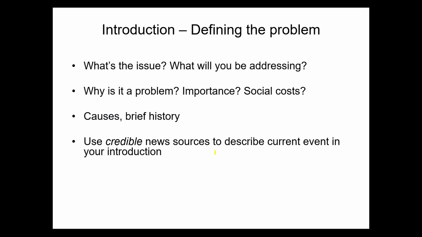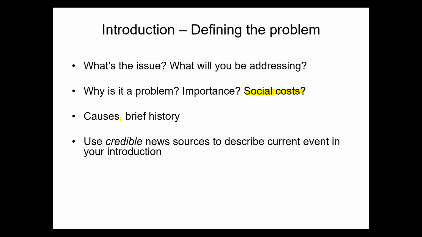As far as your introduction, you want to state clearly what your issue is, and your topic has been approved, but you want to start logically at the beginning at what you're describing. What's the issue? What will you be addressing in this paper? Why is it a problem? Why is it important? You might even want to touch on some of the social costs that you've already found as kind of a preview of what you'll be addressing.